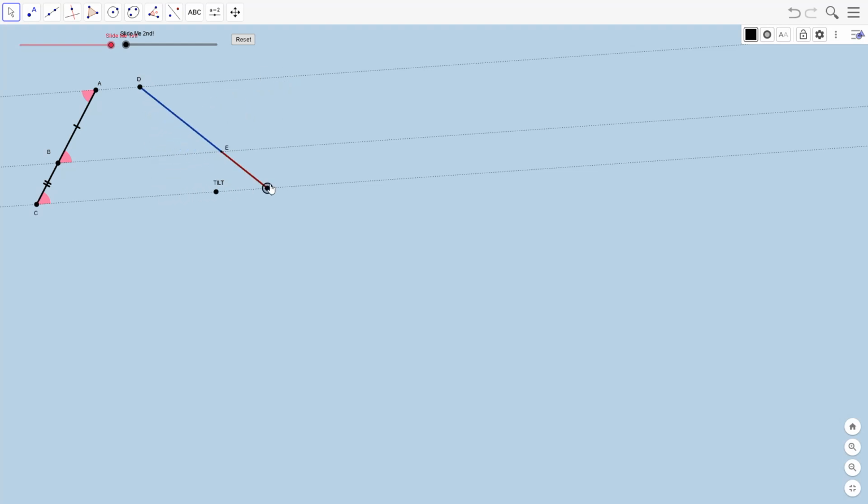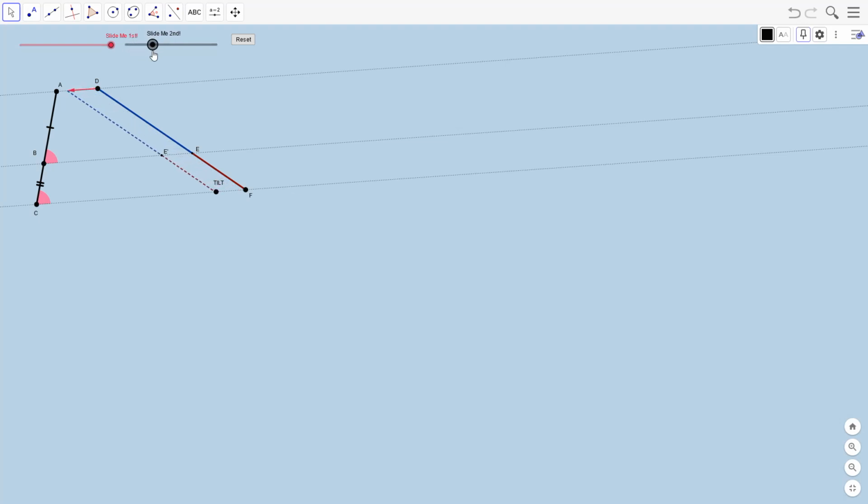then I should be able to take this, let's say it goes like that, for example. Well, let's say it's here. Then I can make a parallel through A parallel to this, like this.